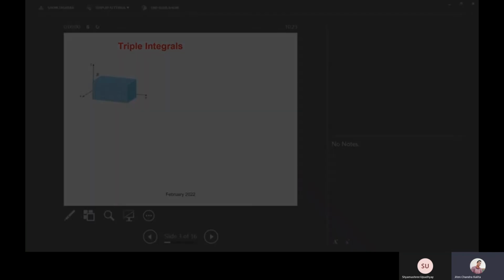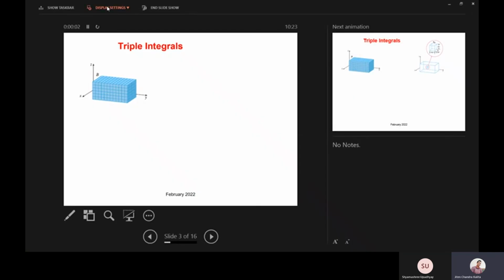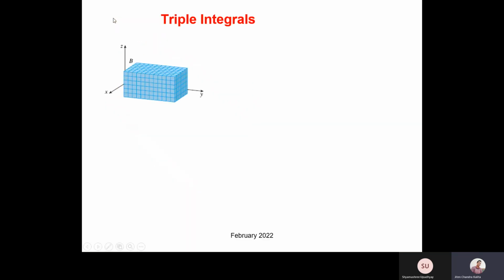So this is about triple integrals. Here we are considering a rectangular box B. I have already told you about the dimensions of this box. So then, as before, by simply dividing those intervals in which x, y, and z lie, we are going to subdivide the rectangular box into some small boxes.